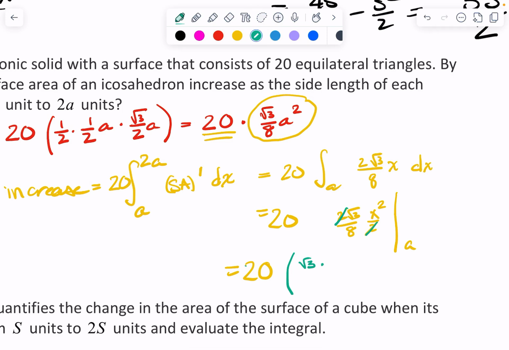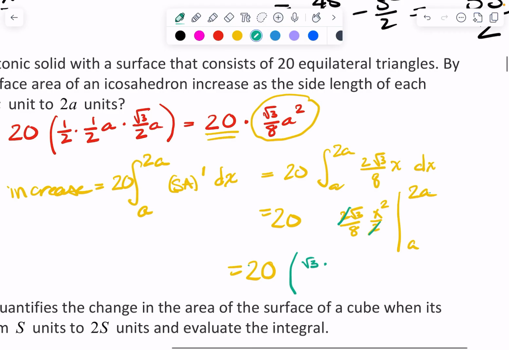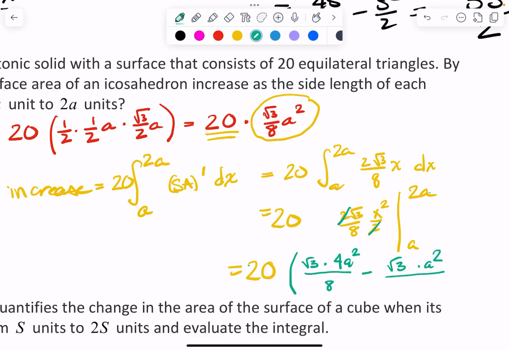I don't know why I put 2a, a squared, because I saw the squareds. So if I put in 2a, I'm going to get 4a squared, and that's all going to be over 8, minus square root of 3, and again, I'm going to put in an a, so that's going to give me a squared, and again, that's all going to be over 8.